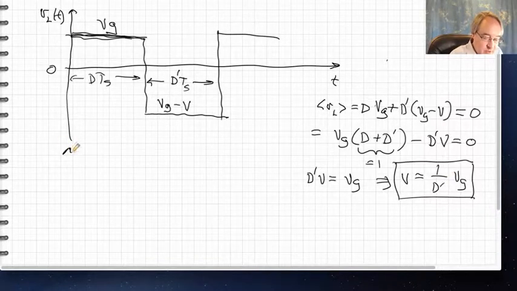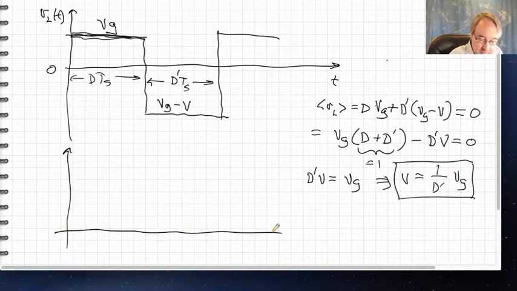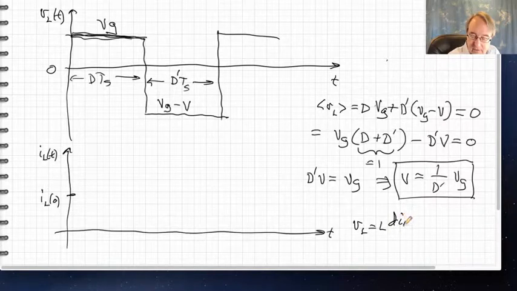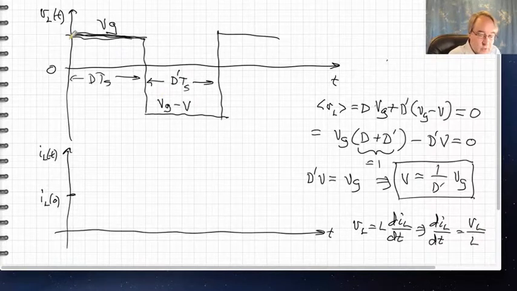Given this voltage waveform, we can also find the inductor current waveform. Well, we don't know where it starts, but in steady state it starts at some current. We'll call it iL(0). And for the first interval it increases because we have positive voltage. So again, recall the inductor voltage is L di/dt. So the slope diL/dt is the inductor voltage over L. So when we have positive voltage, we have positive slope in the current.